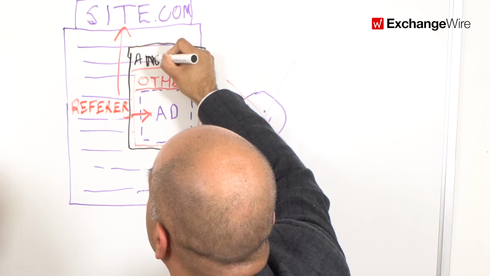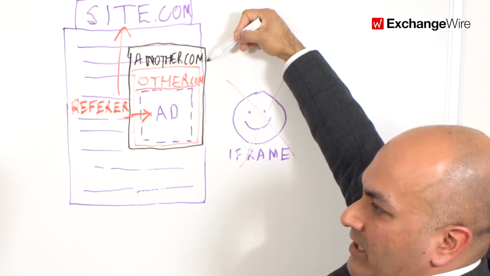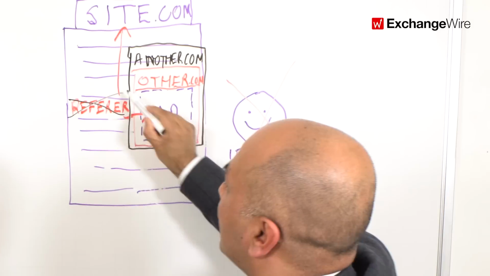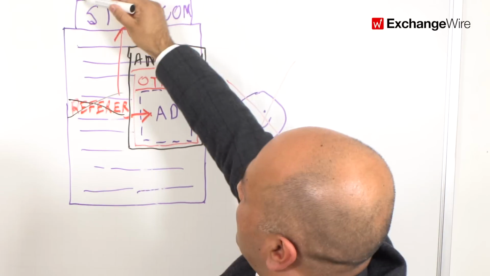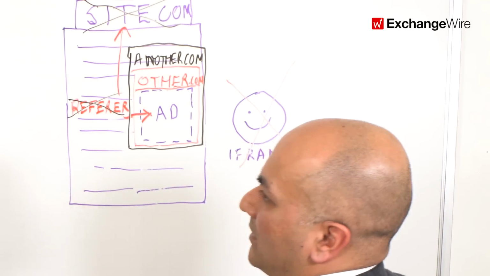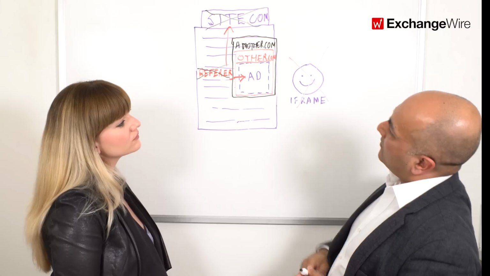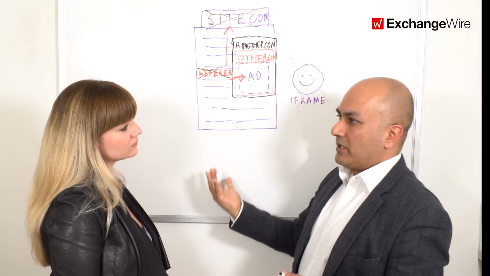Now, because it's sitting on another, if we ask this one what's your referrer, it will come up with another .com. So now we can't get the referrer, so that doesn't work. Effectively you can't understand what's going on there, so you don't know which page that ad's on. Exactly.